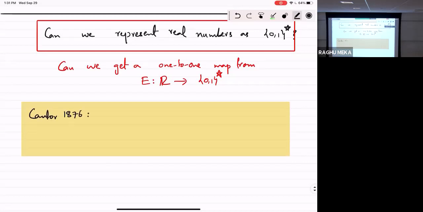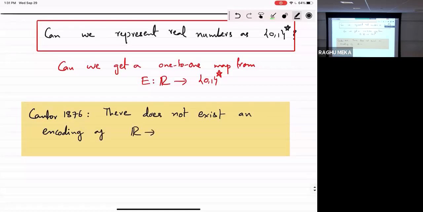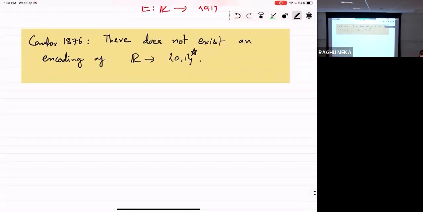He showed that there does not exist an encoding of real numbers to binary strings. We're not going to prove this in this lecture, but if you want to know more about it, you can look at the textbook or come to one of the office hours, and we'll be happy to provide more details about it.